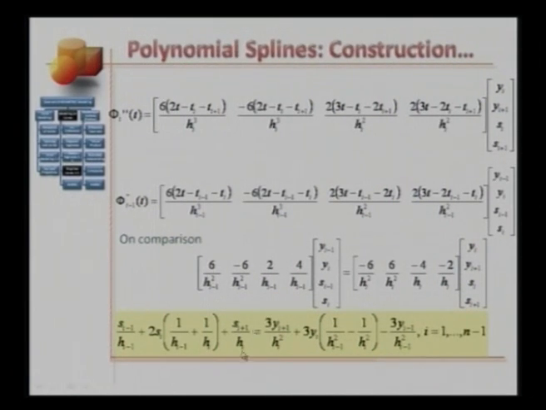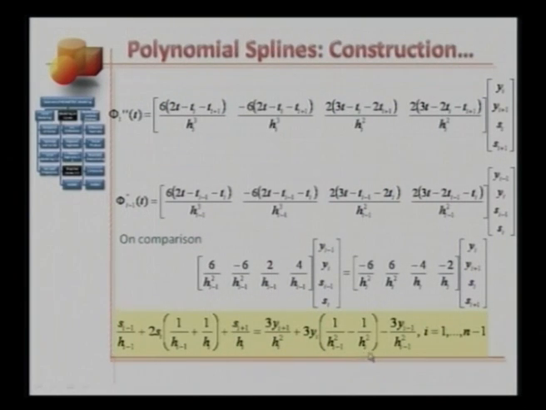What is known to us is the values at each junction point, yi minus 1, yi plus 1, and so on, and also the knots at each junction point, that is ti minus 1, ti plus 1, and so on.